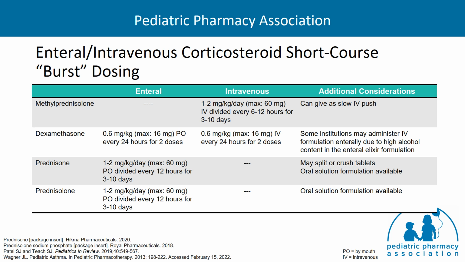Additionally, for our oral options of dexamethasone, prednisone, and prednisolone, there are liquid formulations available. However, for dexamethasone, due to the high alcohol content of the enteral elixir formulation, some institutions may administer the IV formulation enterally. Prednisone tablets may be split or crushed, and prednisolone is an oral solution formulation.